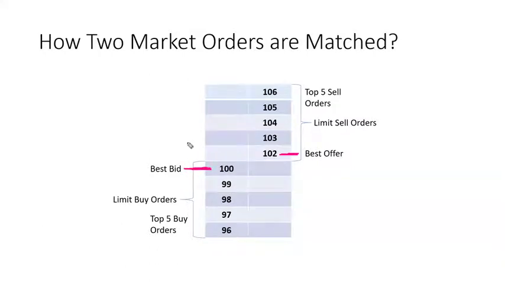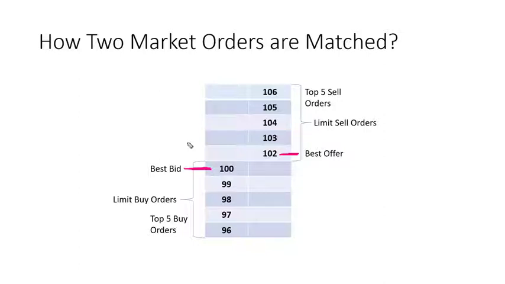Now there are two traders in the market, who are both eager, one to buy, and the other eager to sell. All right. Now they come in, they put in a market order.